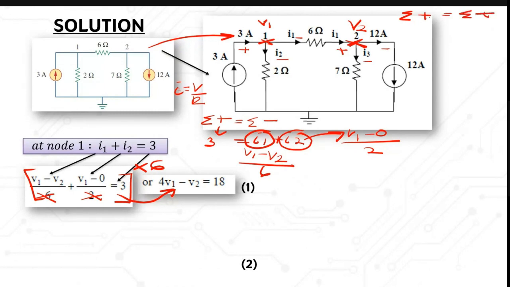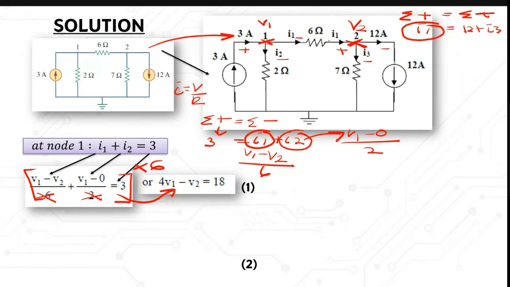The positive current, which is I1, equals the negative, which is 12 plus I3. So you need to put the value for I1 here.